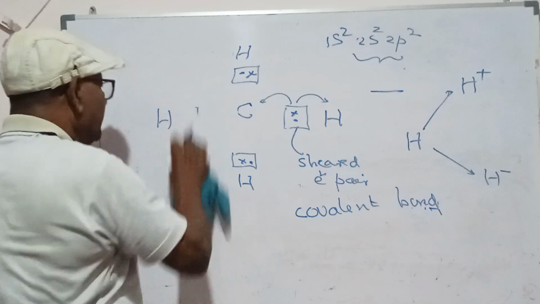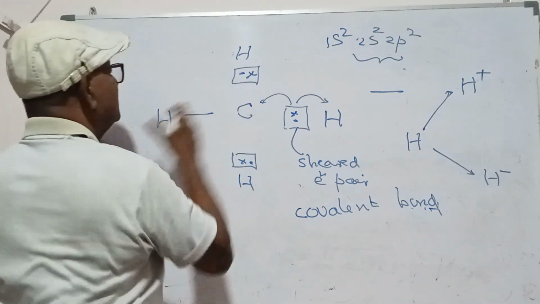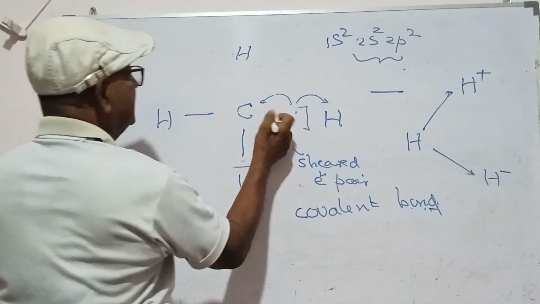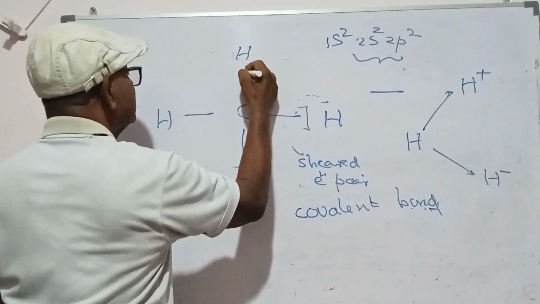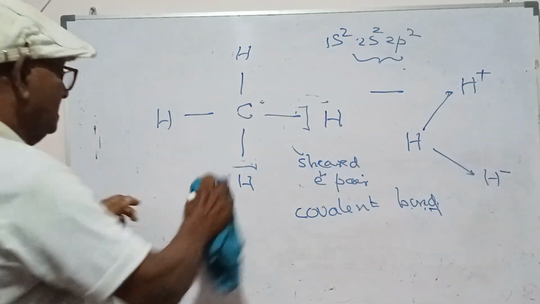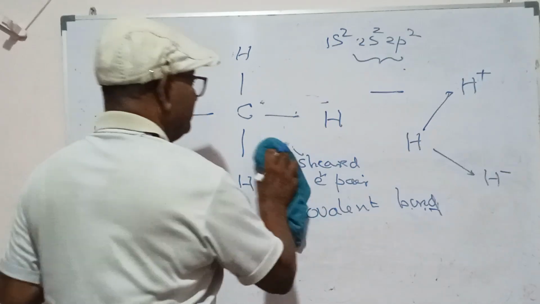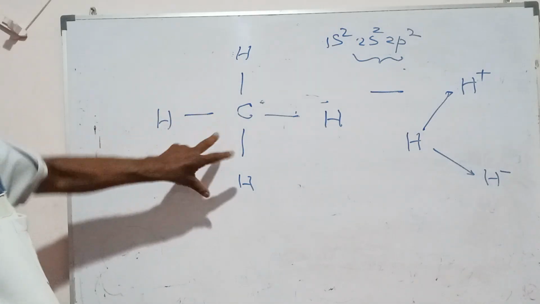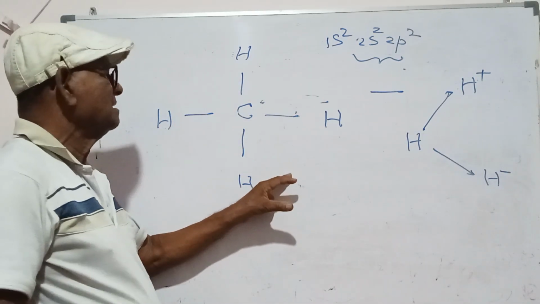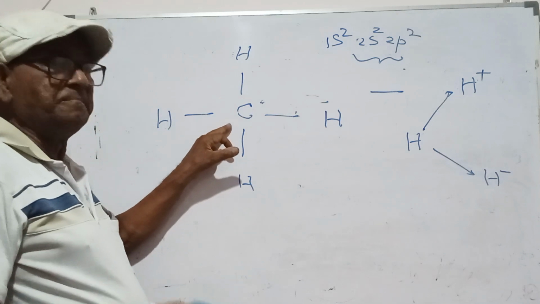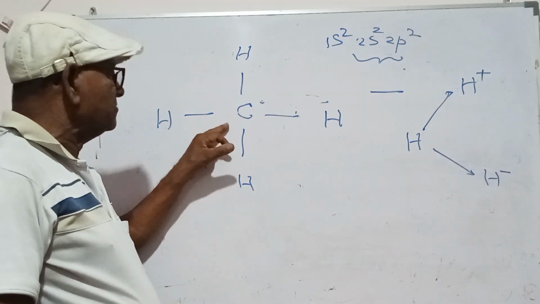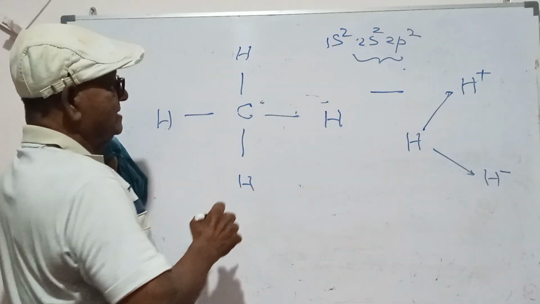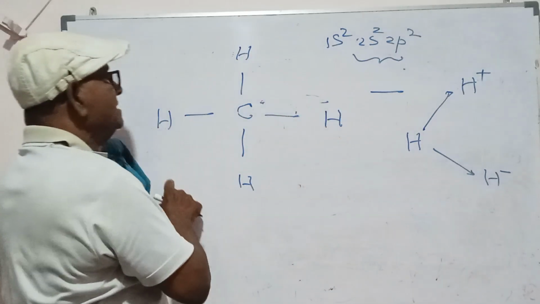So I can draw four lines instead of these shared electron pairs. So this molecule is formed after the combination of the carbon atom with 4 hydrogen atoms. Right? This is explained as the structure.